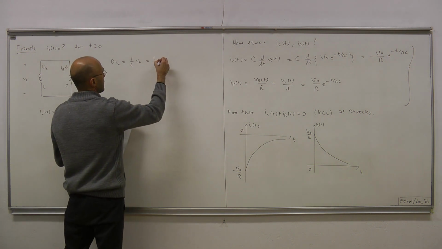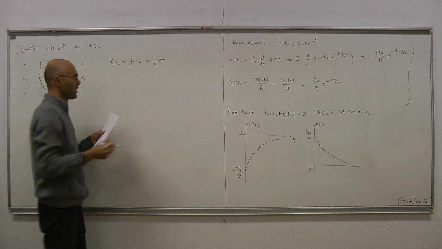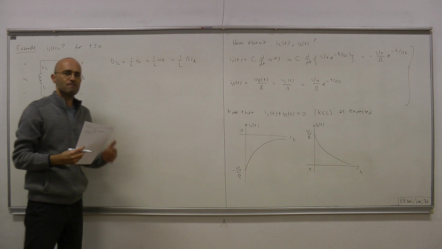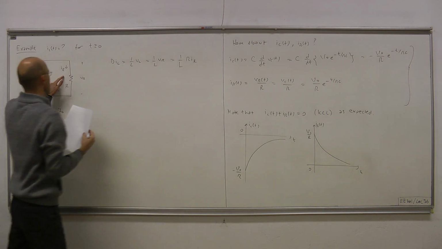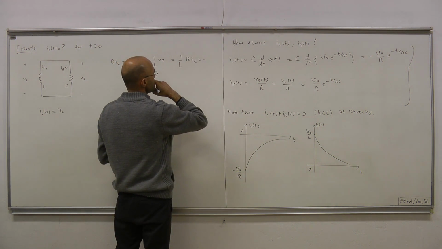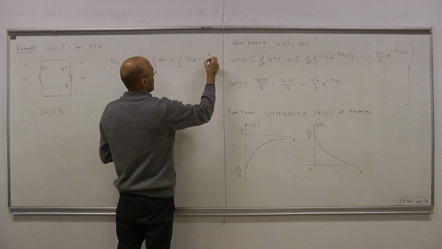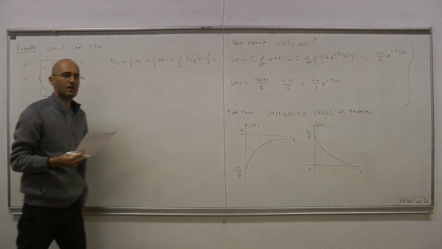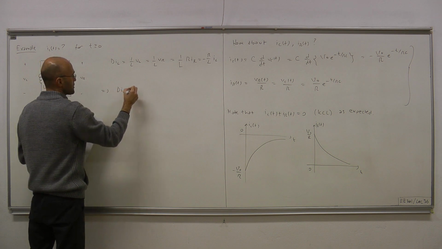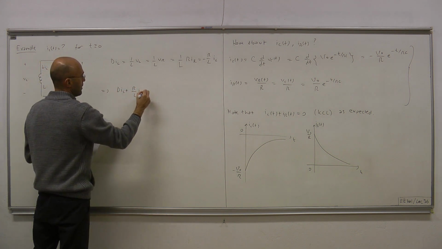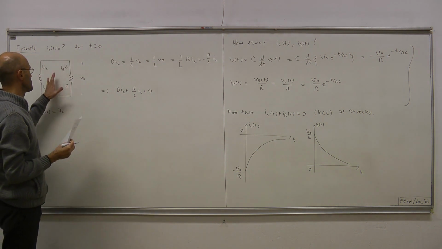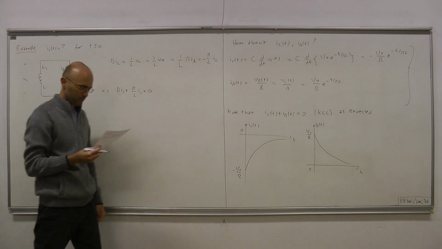And VR is R times IR, and IR is by KCL minus IL. Therefore, the differential equation is dIL plus R over L IL equals 0. Again, we have 0 on the right-hand side because this is an input-free circuit.